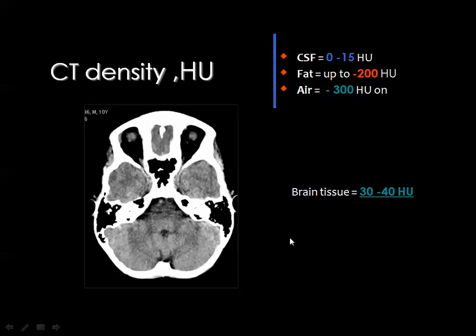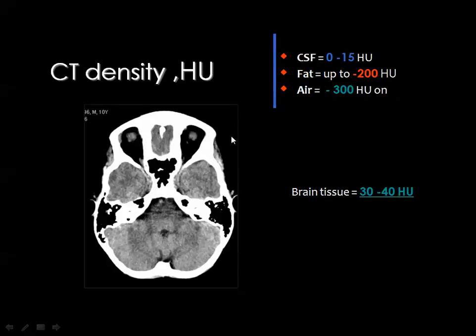The attenuation value of the normal brain tissue ranges between 30 and 40 Hounsfield units. Any normal structure or lesion which measures below 30 will appear black, and another lesion which measures above 40 will appear relatively bright. And the attenuation value of CSF ranges between 0 and 15 Hounsfield units.